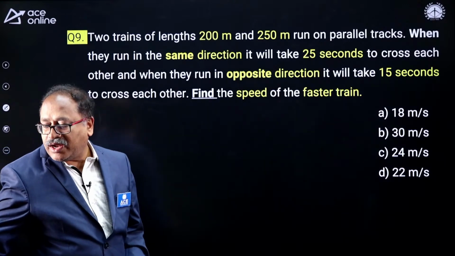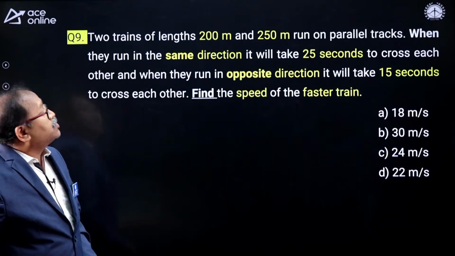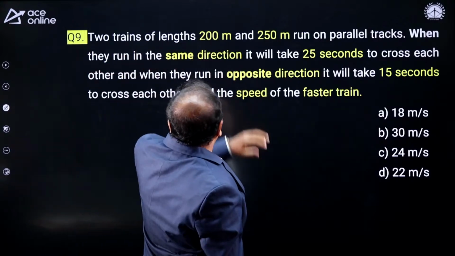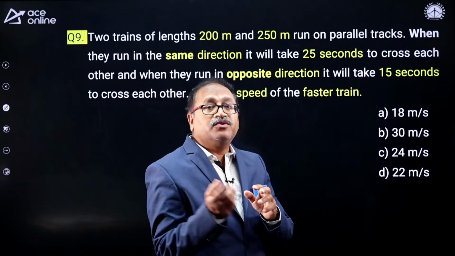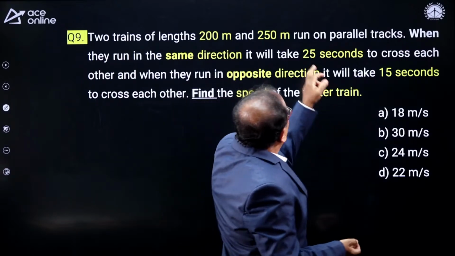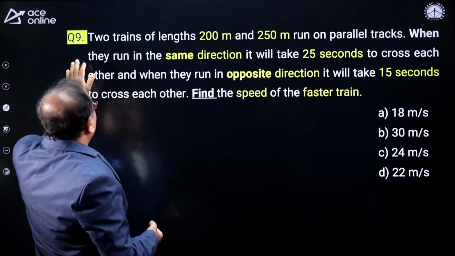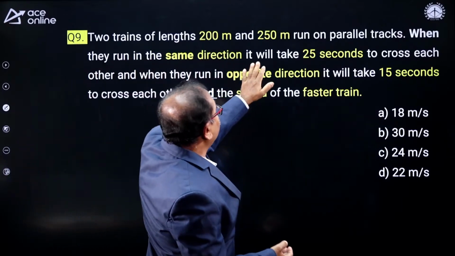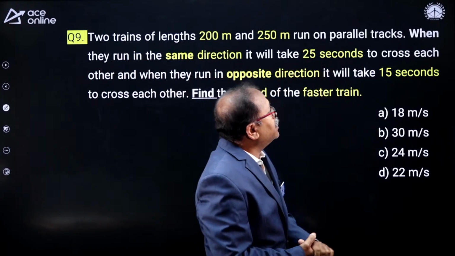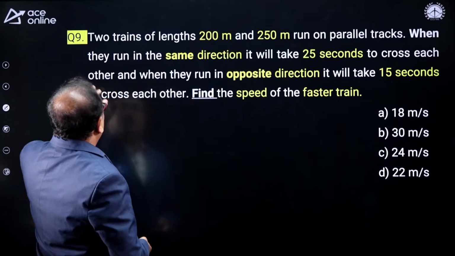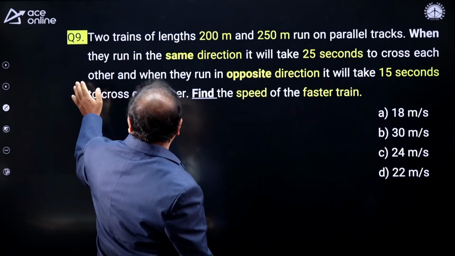Look at this question. We are on question number 9. Two trains of length 200 meters and 250 meters run on parallel tracks. When they run in the same direction, it takes 25 seconds to cross each other.